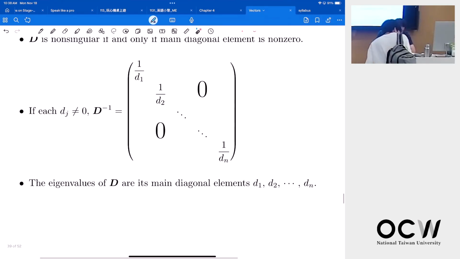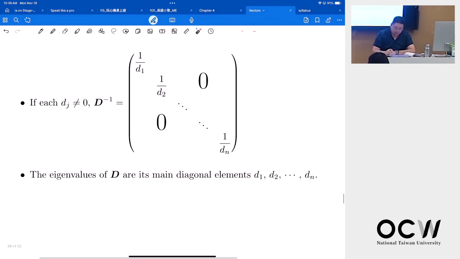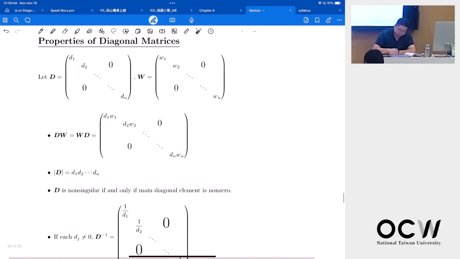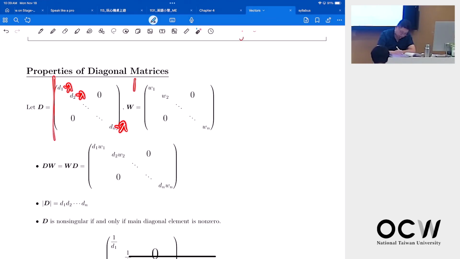Then for this diagonal matrix D, I have eigenvalues, and the eigenvalues are just the main diagonal elements, D1 to Dn. You don't need to calculate that again, because for this example, D1 minus lambda, D2 minus lambda to Dn minus lambda, and you take the determinant.